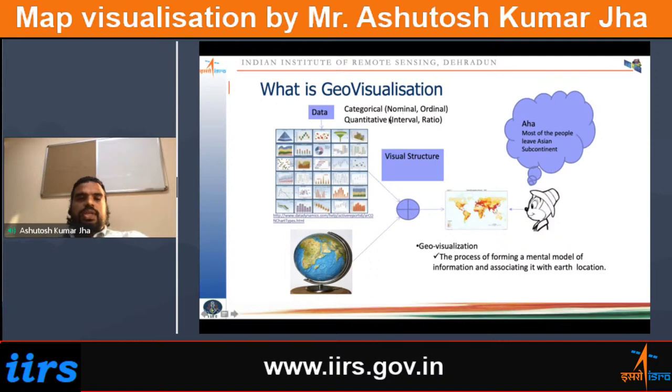So in geovisualization, all these data sets have to be mapped accordingly to corresponding visual structures. The way you have different visual structures to represent a graph or chart, those kinds of things can also be combined with your geospatial information.